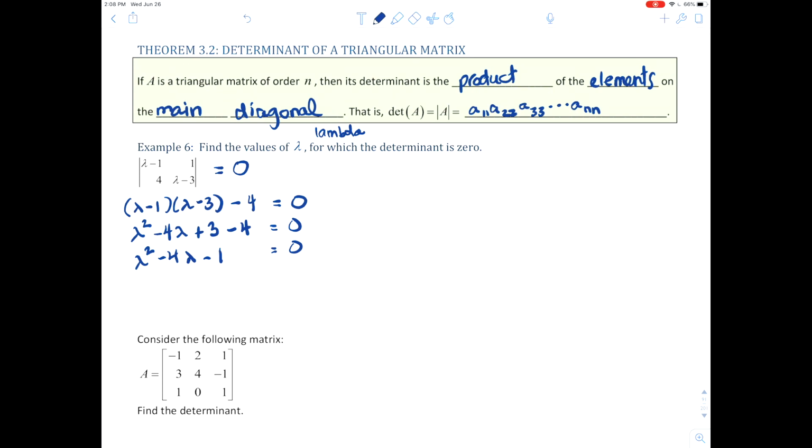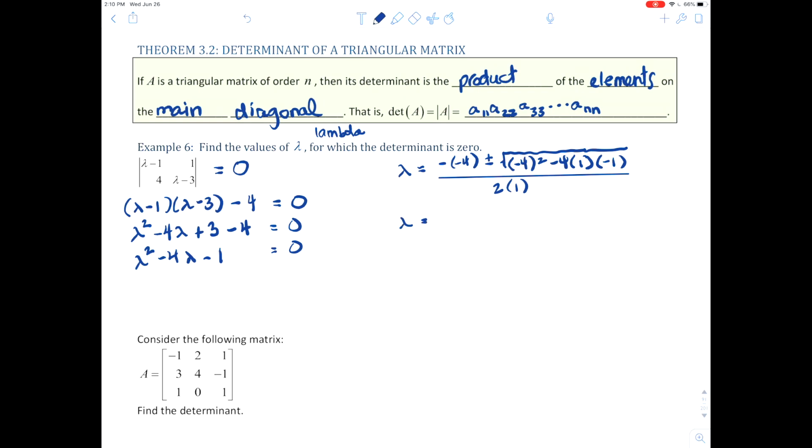You could complete the square, use your calculator, whatever. I'll just work it on out. So lambda would equal negative b, which is 4, plus or minus the square root of b squared minus 4ac, over 2a for our quadratic formula.